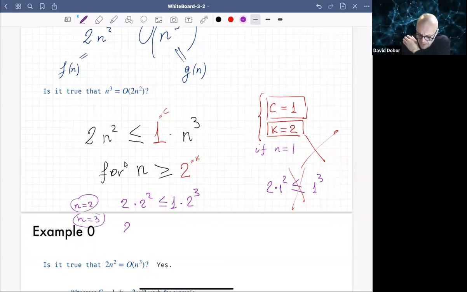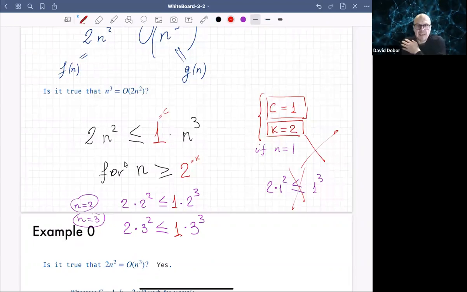Then I have the same thing: 2 times 3 squared is less than or equal to 1 times 3 cubed. I want to put the 1 in red, because that's the one you've suggested there.